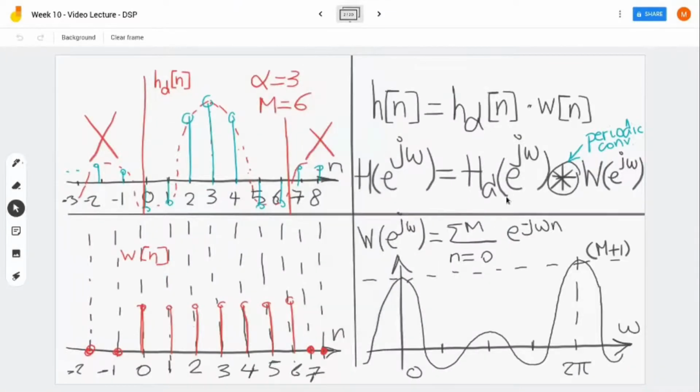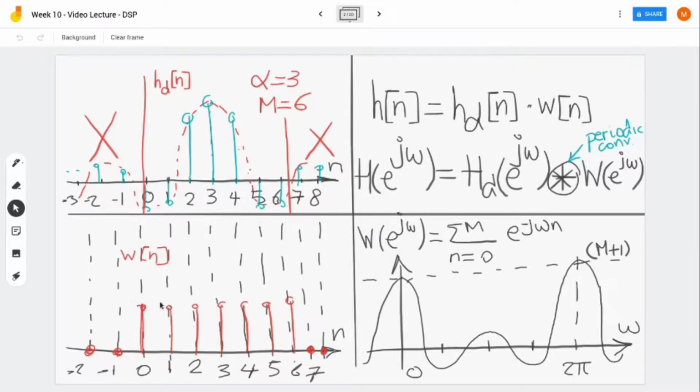If we go back to our whiteboard, as you can see, the rectangular window we have been using has a sudden change at 0. We have a sample of value 0 at -1, and next a sudden change to a sample value of 1 at 0.